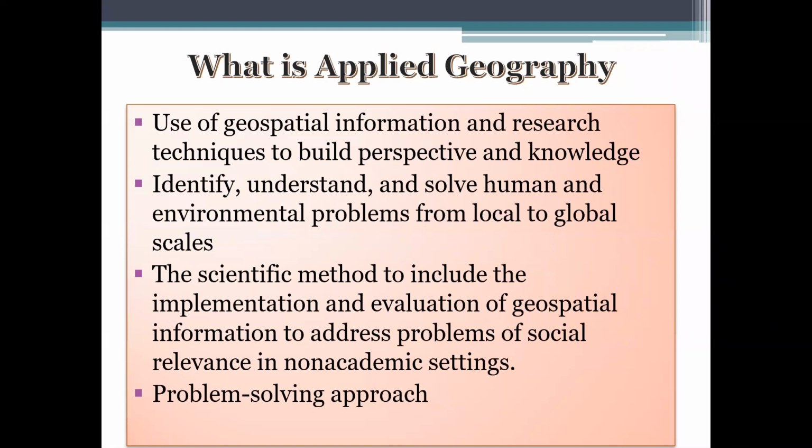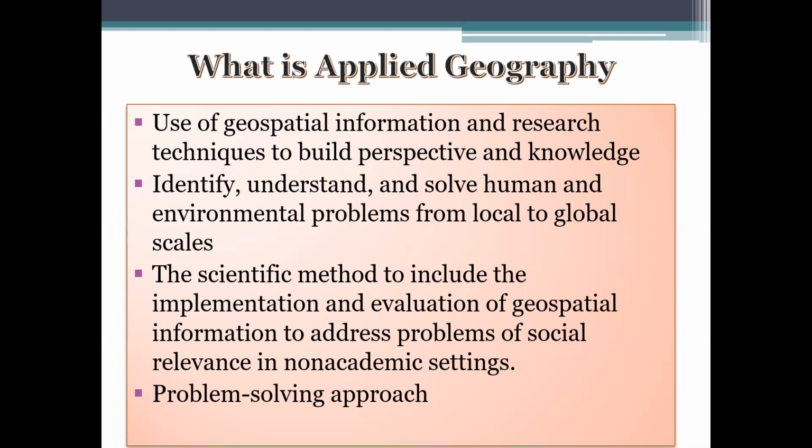These three things are very important. We need to identify, we need to understand, we need to solve human and environmental problems from local to global scales. That is very important.